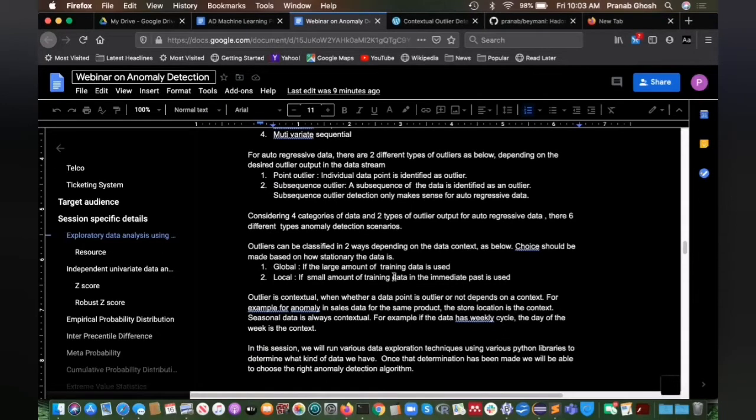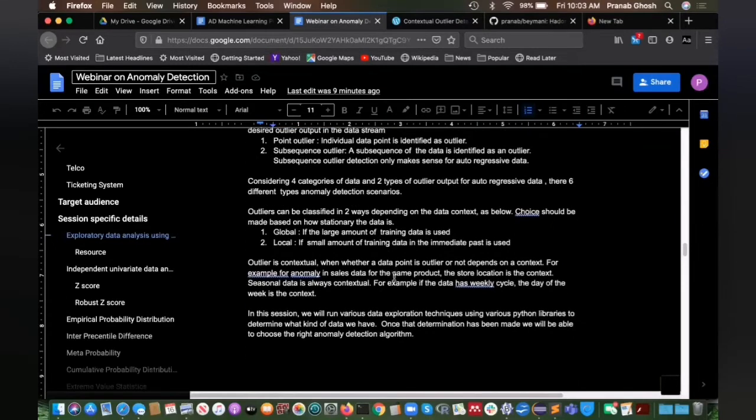Outliers can also depend upon the data context. It could be global or it could be local. When it's local, it only considers a small window which captures the recent history of the data, and for global, it takes the complete data set into account. Anomalies also can be contextual.